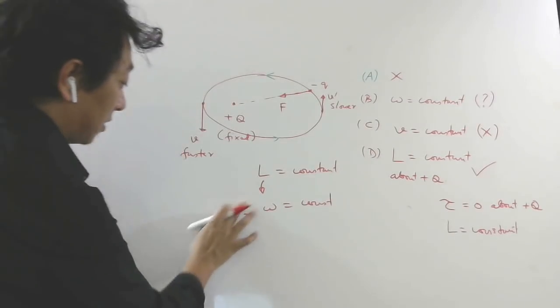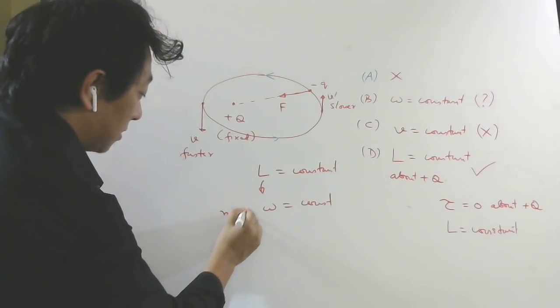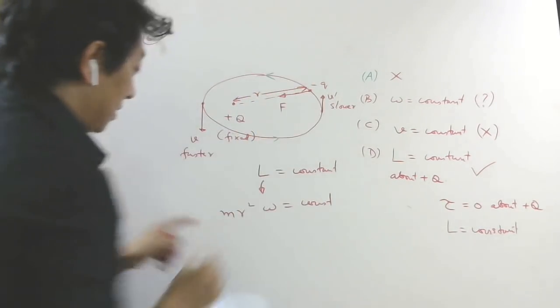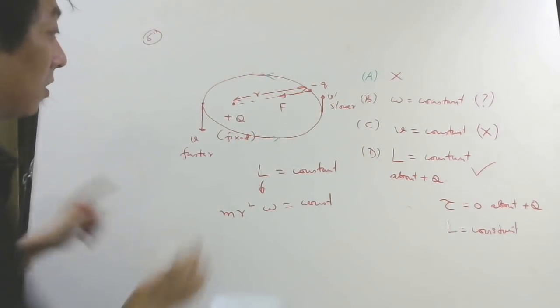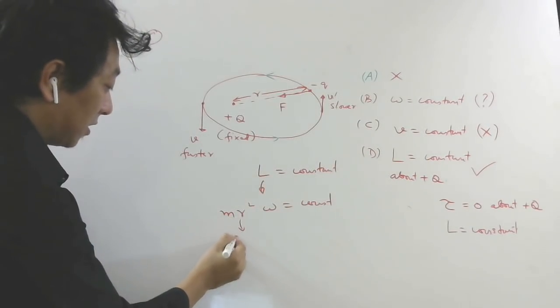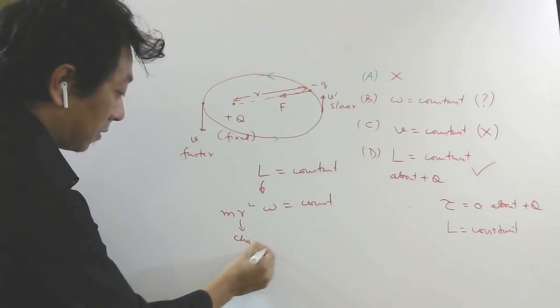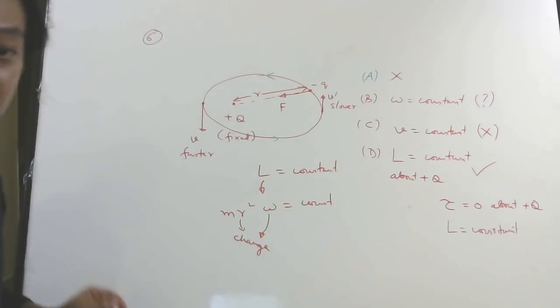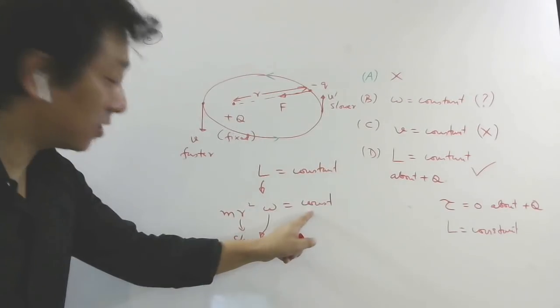So moment of inertia will be m r square, where this distance will be r. Now, is this r fixed? No, because the path is elliptical. So this r keeps on changing.